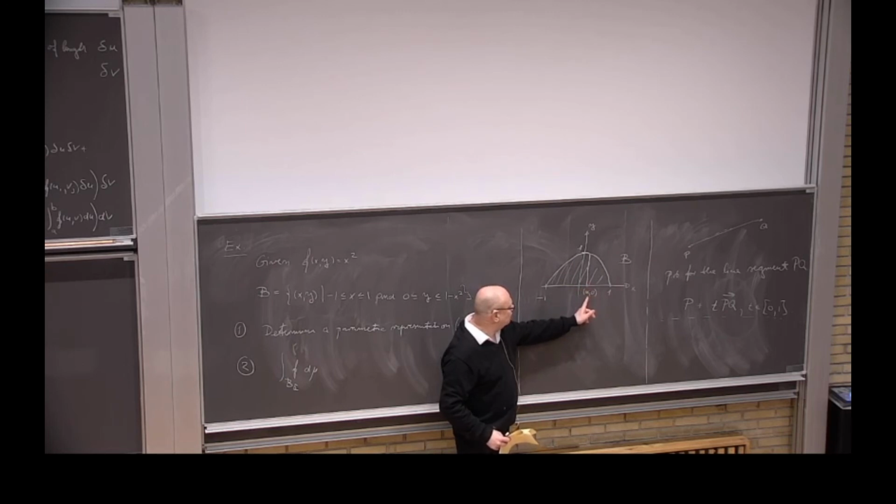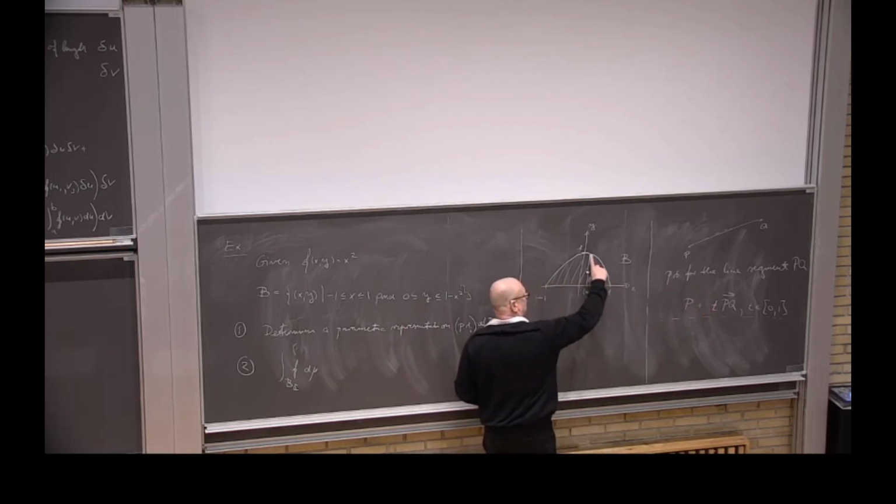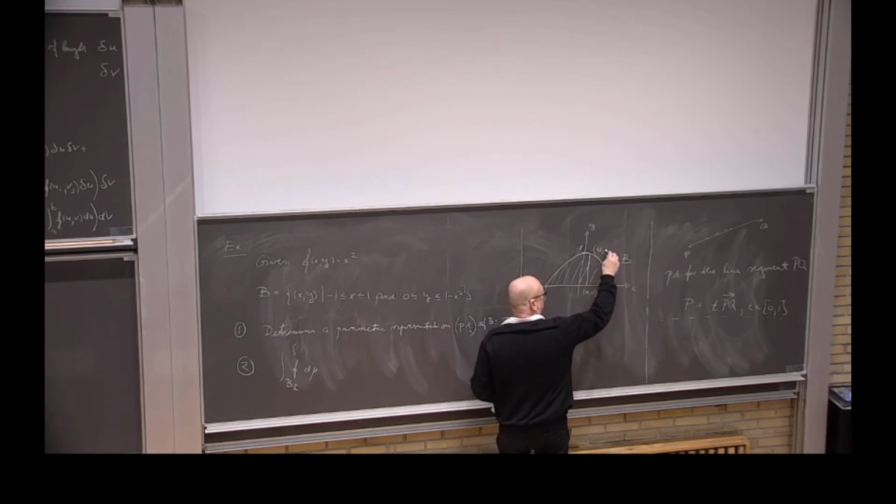So this is this point, and then in order to follow this one, I need the directional vector from this point to this point. This point up here has the coordinates u, 1 minus u squared.